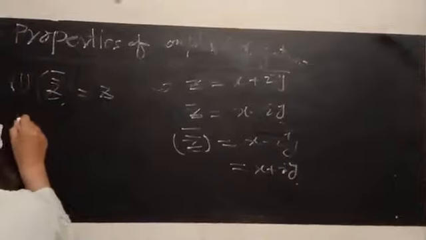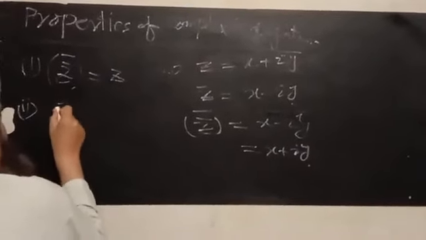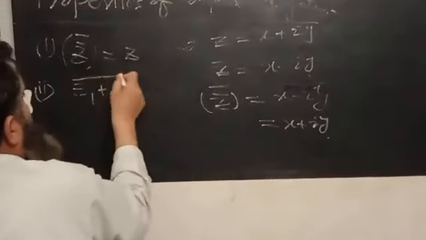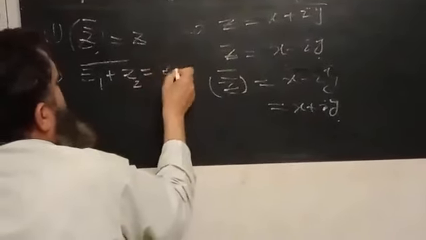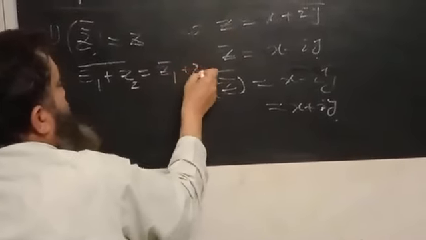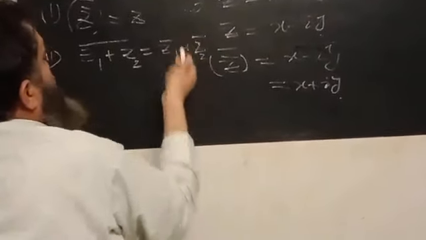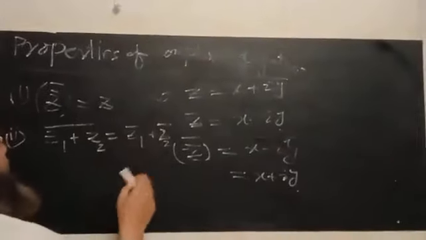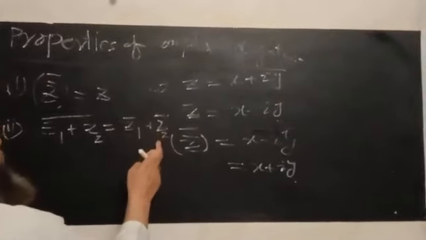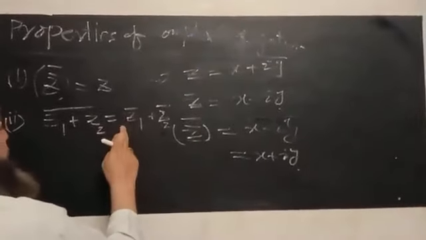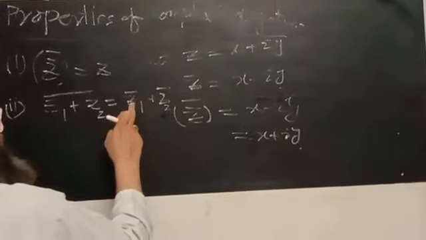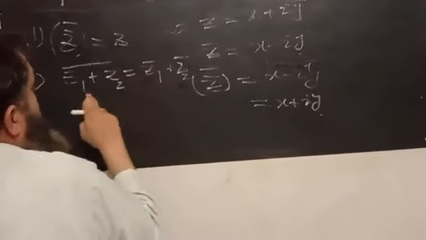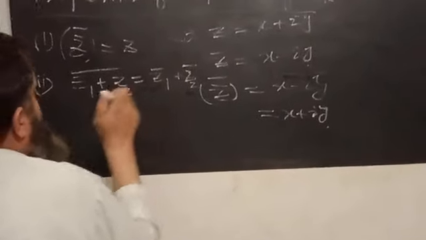Second is z1 plus z2 whole conjugate is equal to z1 conjugate plus z2 conjugate. You can prove it easily by taking z1 is equal to x1 plus iota y1 and z2 is equal to x2 plus iota y2, and then using the definition of addition of complex numbers and then taking conjugates, we can prove that left hand side is equal to right hand side.